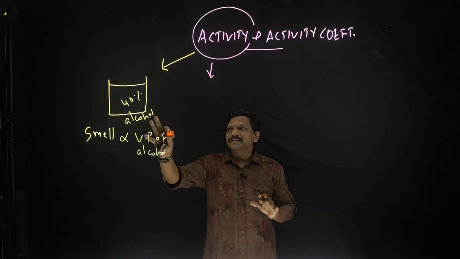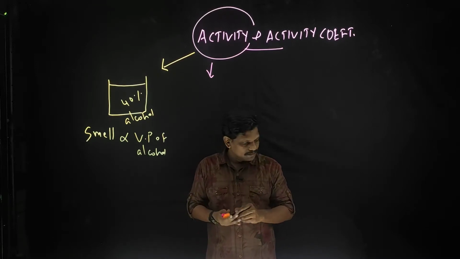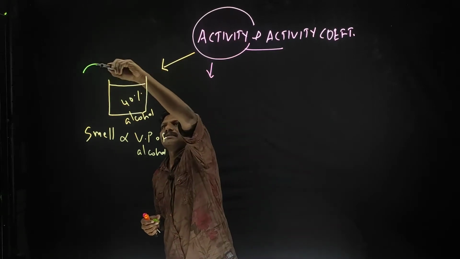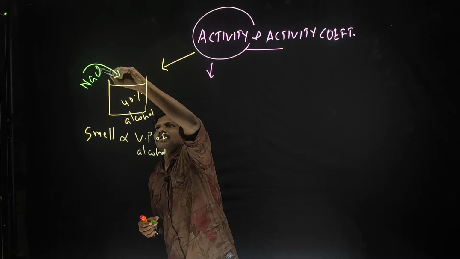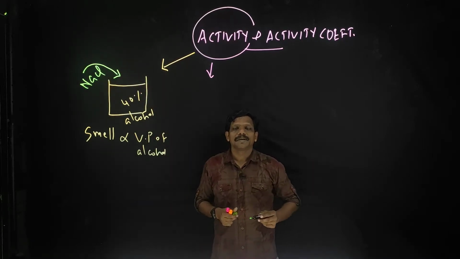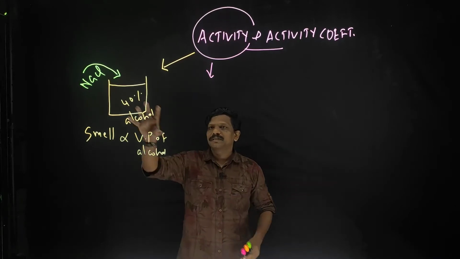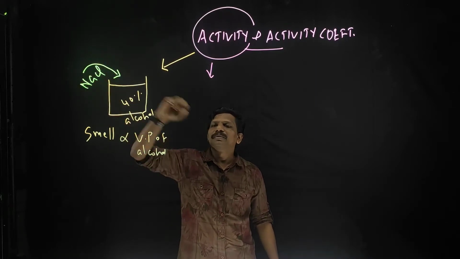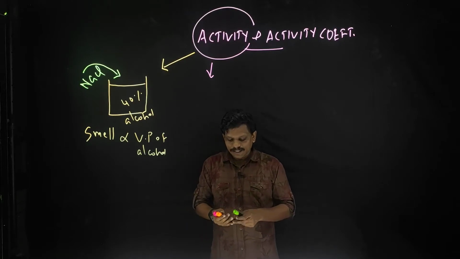Here in this beaker there is 40% alcohol, and next I'm going to add a small amount of sodium chloride. The solution is the solvent, and we are adding sodium chloride, a solute. So what will happen?